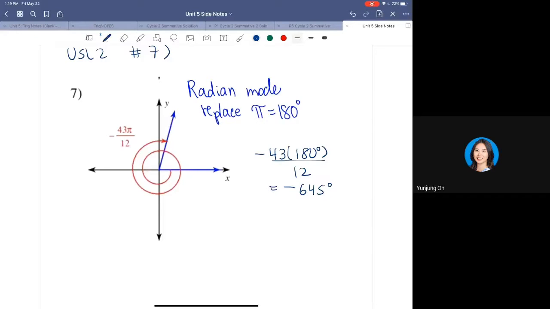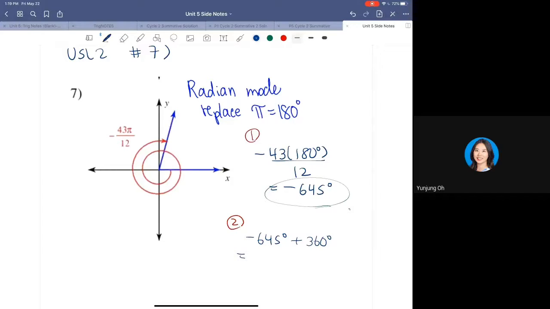Okay, so when we have negative 645 degrees, I want to make sure it's in standard position. The second step I'm going to do is try to add or subtract 360. In this case, it makes the most sense to add 360, probably 2 times. If I do that, I get negative 285.